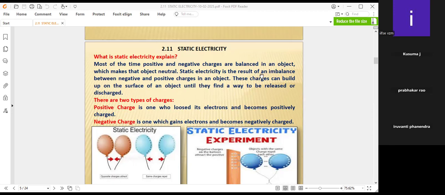Static electricity is the result of an imbalance between the negative charge and the positive charge on the object. Before it reaches the ground, it becomes neutral. When lightning strikes a body, because of the imbalance of positive and negative charge, it will be attracted where the earth voltage is there.